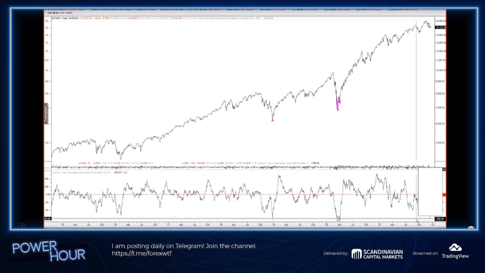For argument's sake, let's say we do close similar to where we are right now. Your 30-day AD line is minus 633. When have we seen levels like that before? Here are the magenta dots.